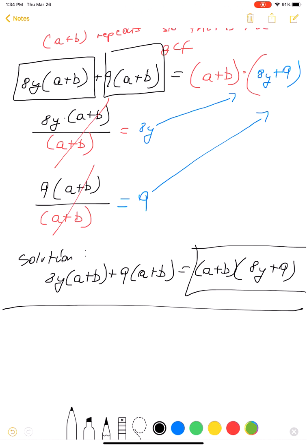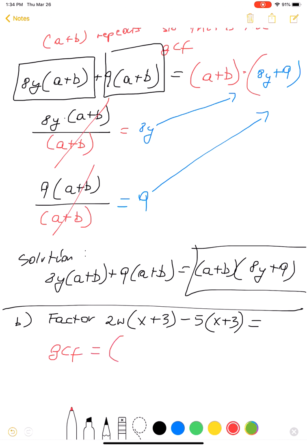Okay, so factor 2w times (x plus 3) minus 5 times (x plus 3). So your GCF, greatest common factor, is the parentheses which repeats, which is x plus 3.